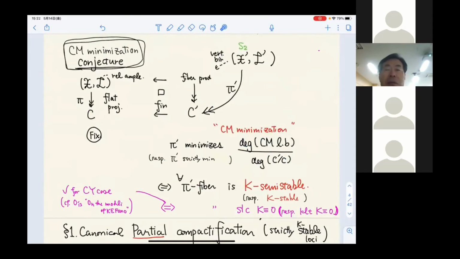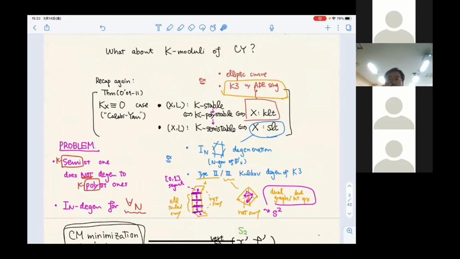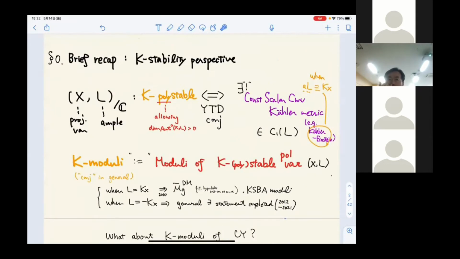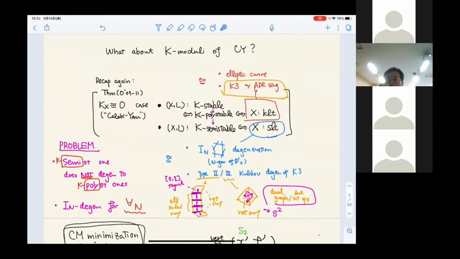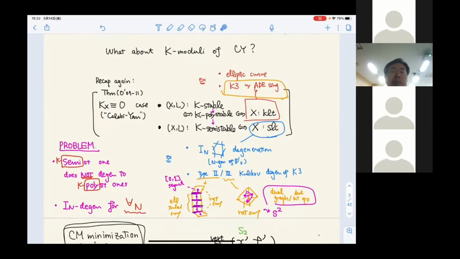Anyhow, if you consider a partial compactification which corresponds to strict stability, before I was focusing on K-polystable ones and also thinking about K-semi-stable degenerations. But if you consider strict stability, which actually should be good.